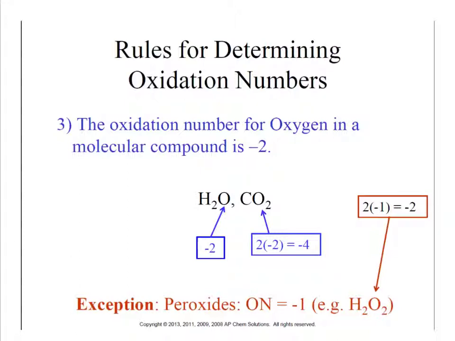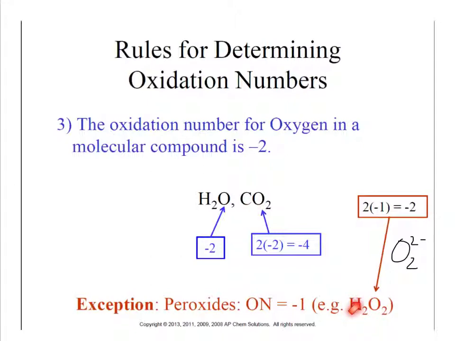So in water, it's -2. In CO2, it's -2. The only exception is in peroxides, which are tricky. So you've got to watch for the name peroxide. A peroxide is a polyatomic ion of oxygen, and so it's O2 2-. So how do you recognize the difference between O2 as a peroxide and O2 as in CO2?